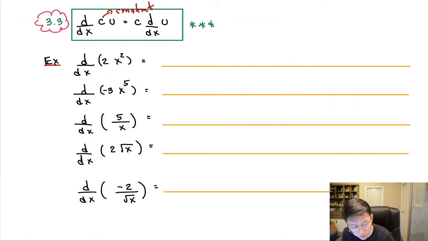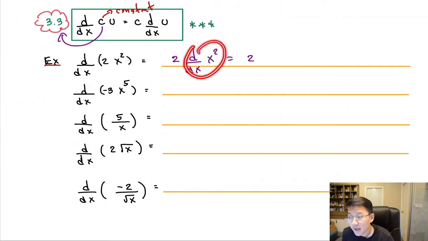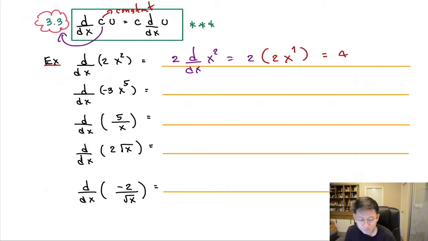You can pull c outside, and then find the derivative of u. For example, here this is 2 d by dx of x squared, and then we use the second property, so x to the power of 2 gives 2x to the power of 1, which is 4x.